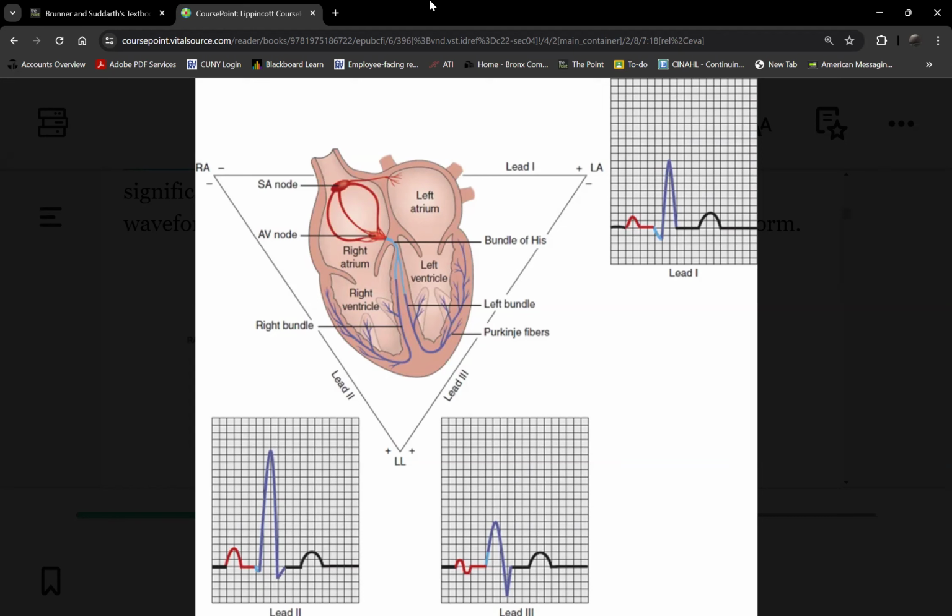So if you think about it, this is like a lightning strike, correct? This is electricity. The SA node fired an electrical impulse. Do you think it will take long for the SA node electrical impulse to reach the Purkinje fibers, just like lightning?